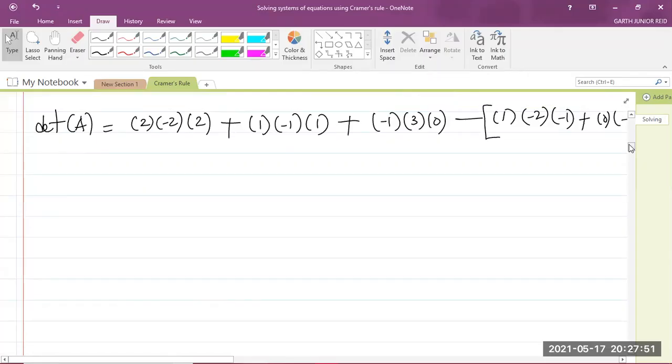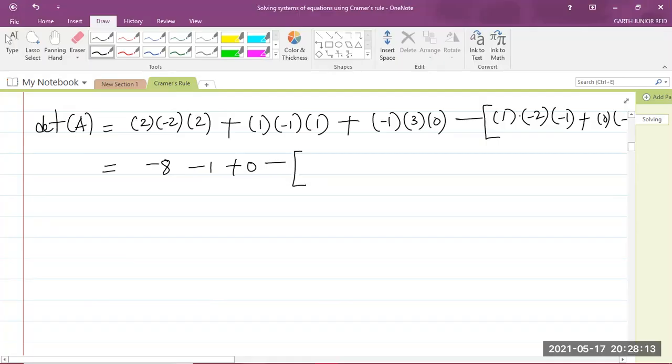Good. Let us now simplify. So the determinant of A is equal to 2 times negative 2 times 2. That's going to give me a negative 8. 1 times negative 1 times 1 gives me a negative 1. And negative 1 times 3 times 0 will give me 0.